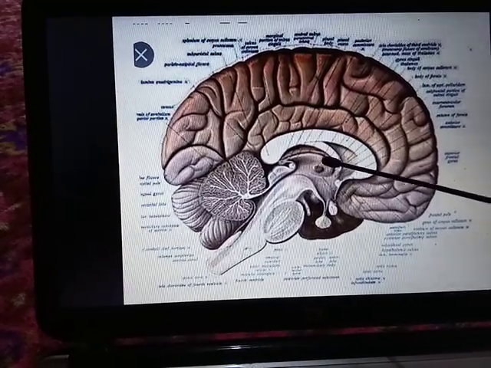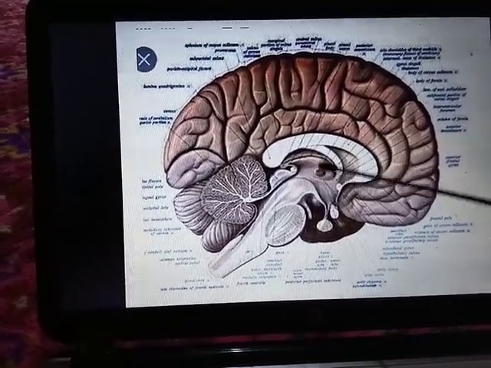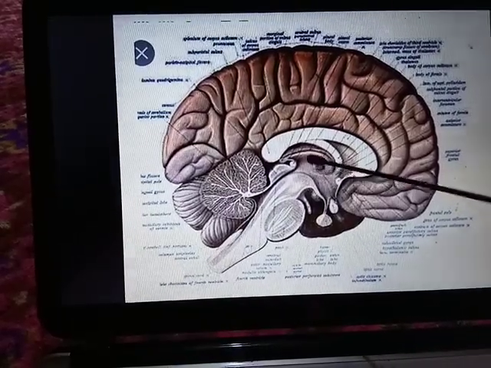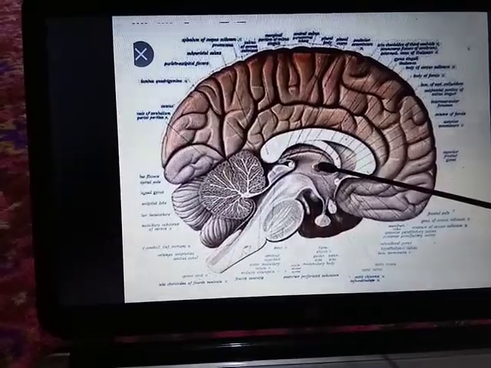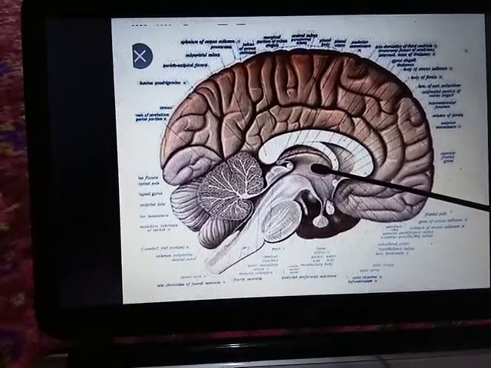This is your thalamus. And this point is the connexus thalami, which acts as a connection between the two thalami.